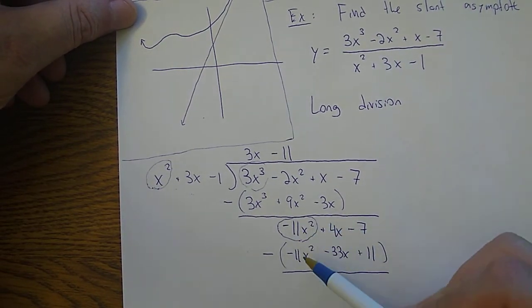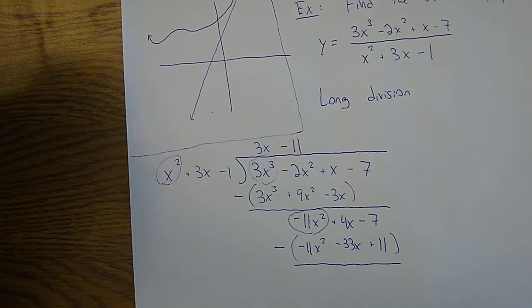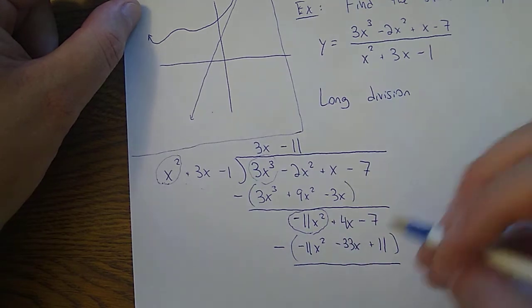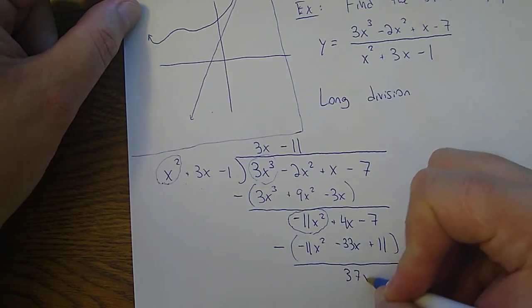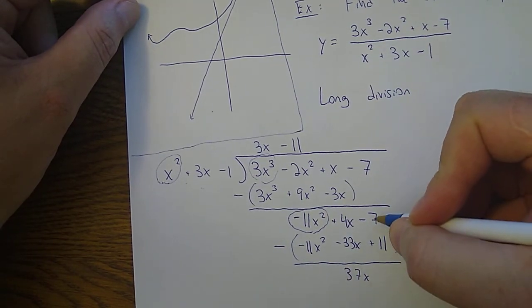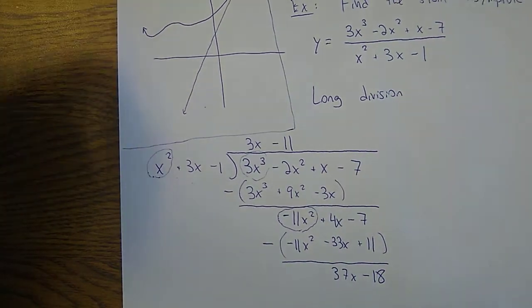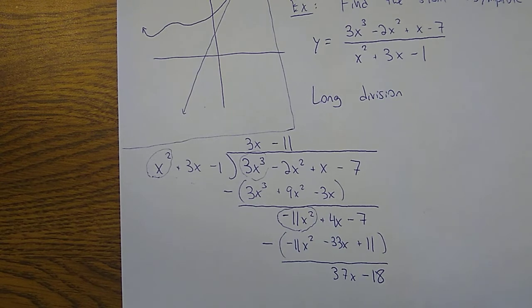I have -11x plus 11x, so that goes away. Other than that, I have a 4x plus 33x, so 37x. And I've got a -7 minus 11, so -18. Okay, now I'm done because the degree of this is 1, which is smaller than the degree of this, which is 2.